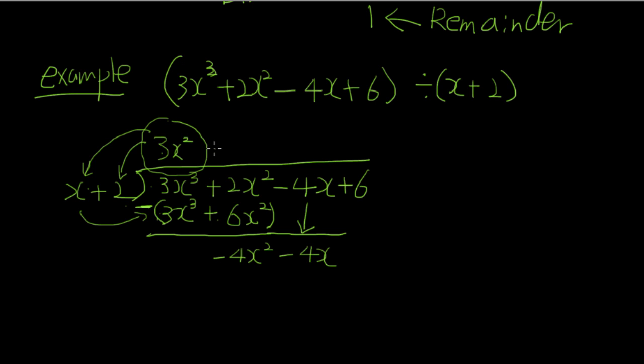So what we need would be negative 4x, right? Because negative 4x times x is the same thing as negative 4x squared. So multiply that to here, that'll be negative 4x squared, and negative 4x will also be multiplied to 2. Put it right here. That'll be negative 8x, just like that.